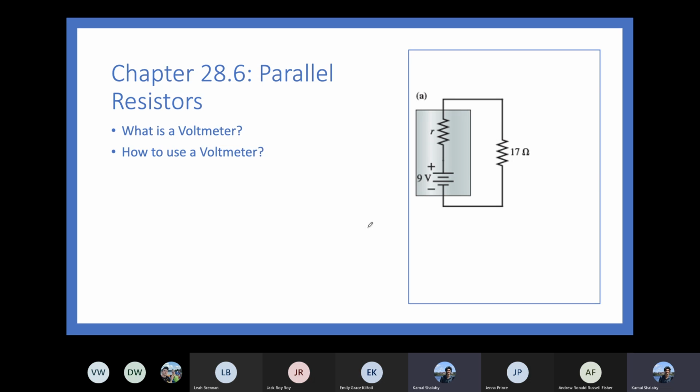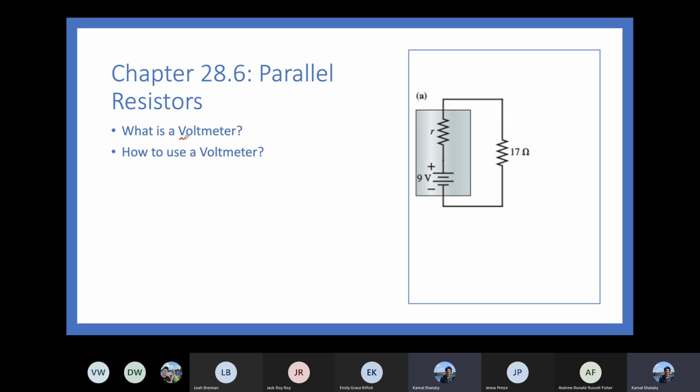What is a voltmeter? That's a question for you. I can give you hints. You can see it from the name.